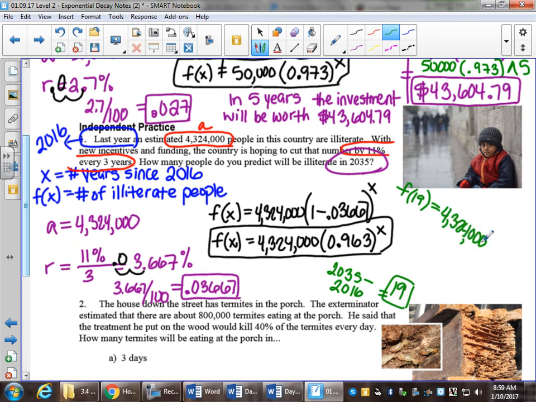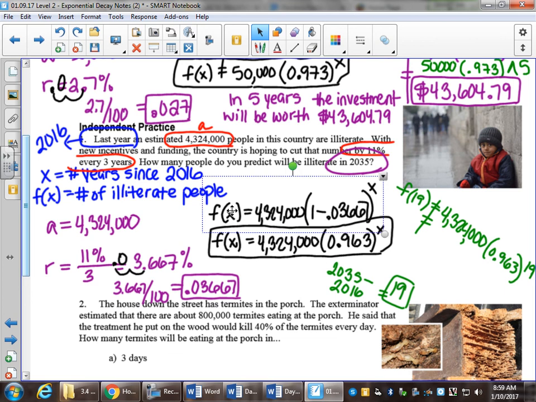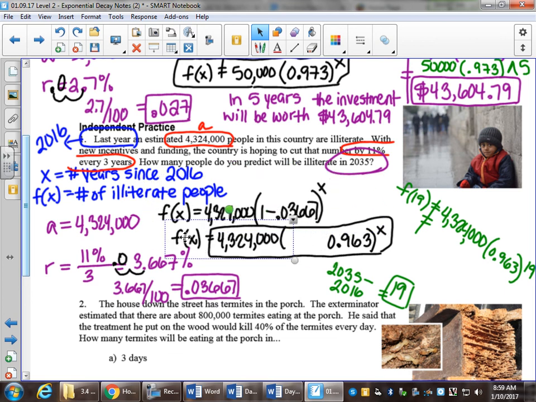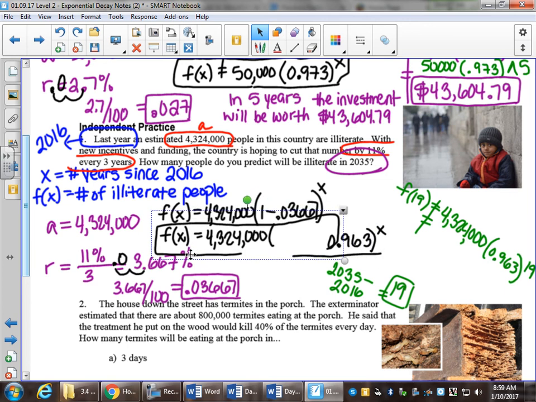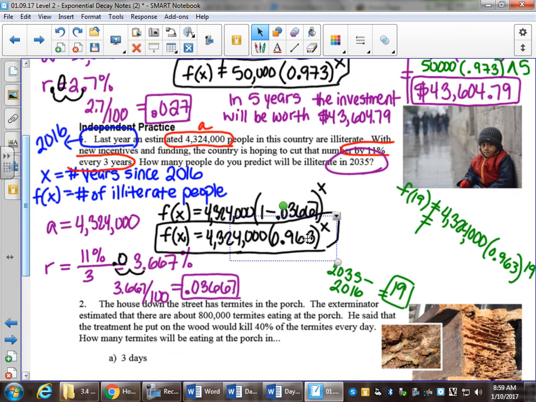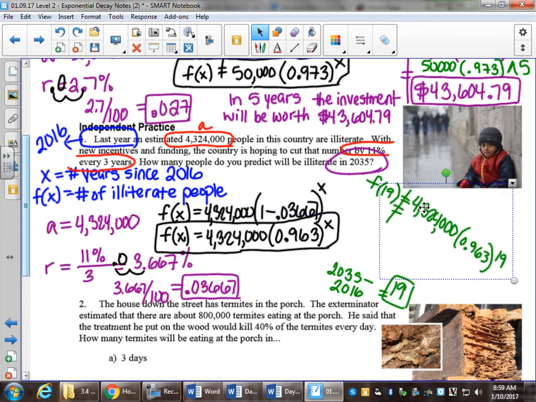4,324,000, parenthesis, 0.963 raised to the 19. And let's see what you get. So take a second. What do you get as an answer?